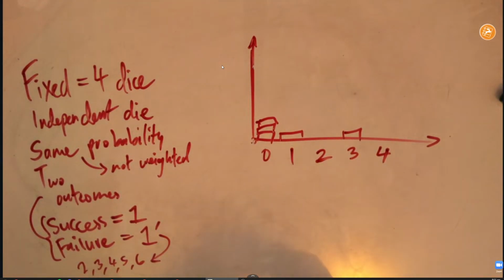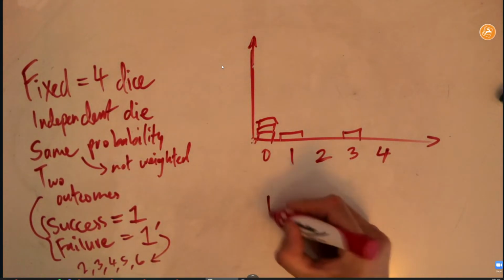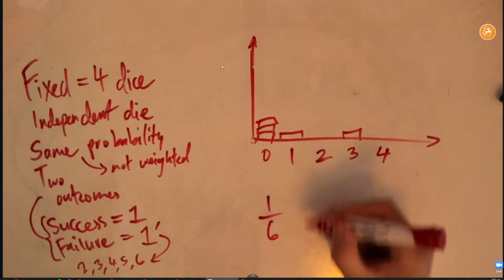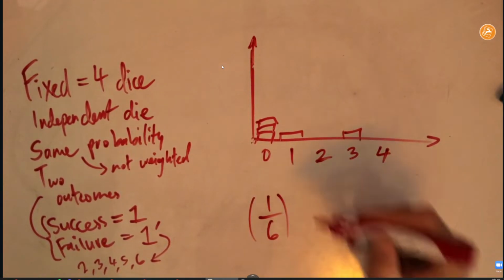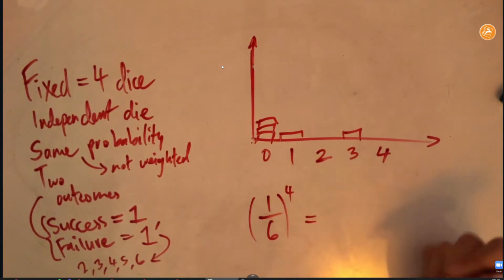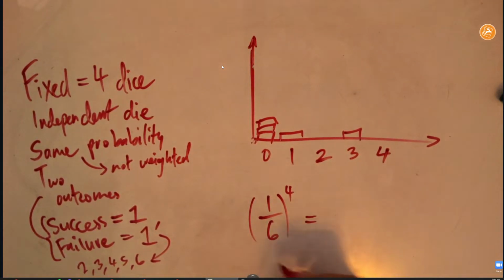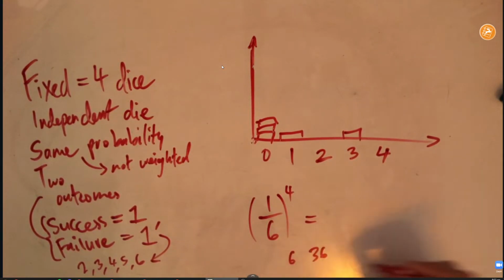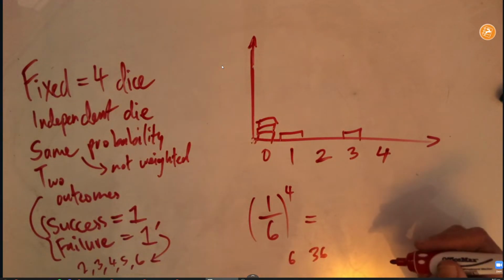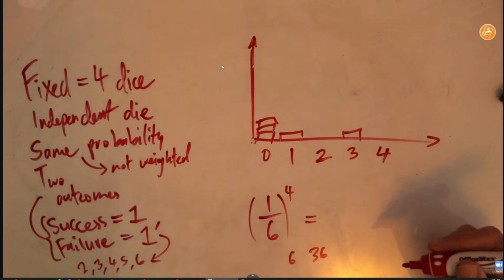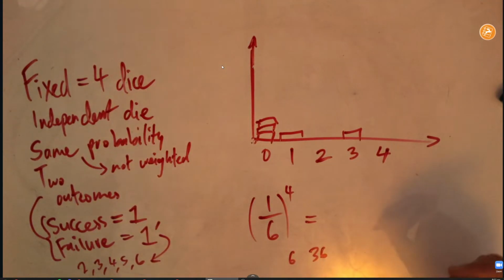Well, the probability of getting 4 ones is just 1 over 6, because that's the probability of success, to the power of 4. So pretty unlikely. 6 times 6 is 36. What's 6 times 36? 216.